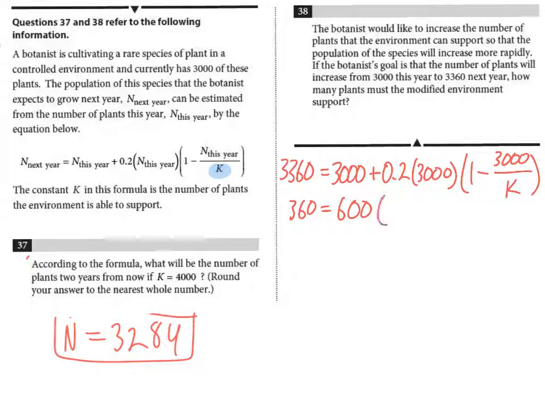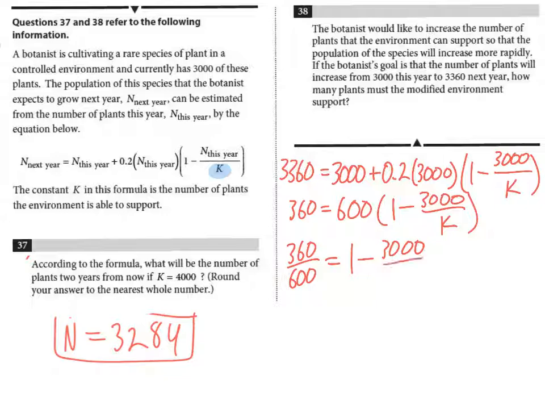Might as well just write that in. 1 minus 3,000 over K. Alright. I am going to divide both sides by 600. I'll get 360 over 600 equals 1 minus 3,000 over K. Well, that's going to be 36 over 60. Divide top and bottom by 12. I see that goes evenly into both. So I have 3/5.